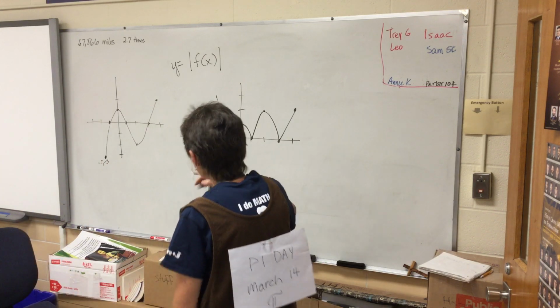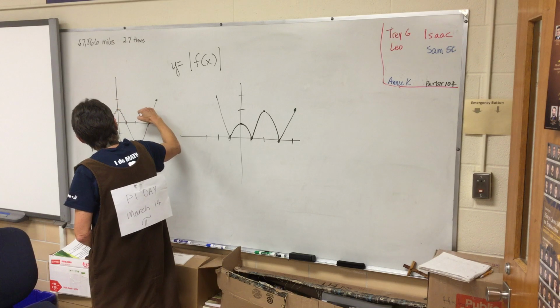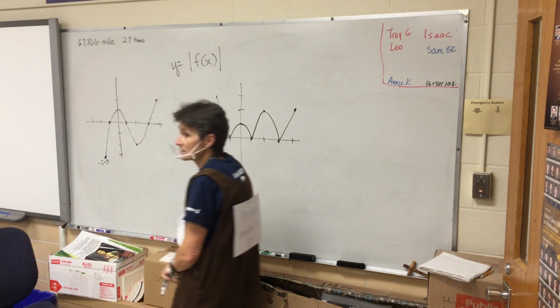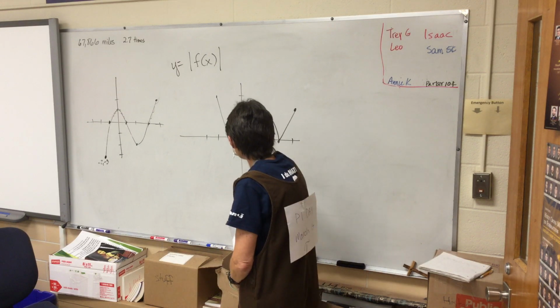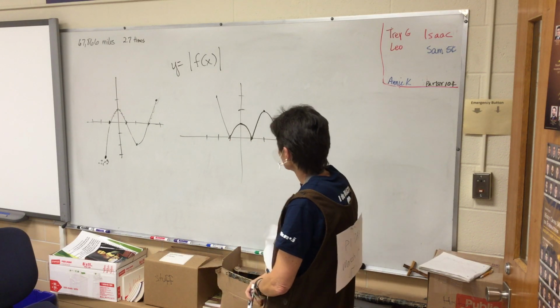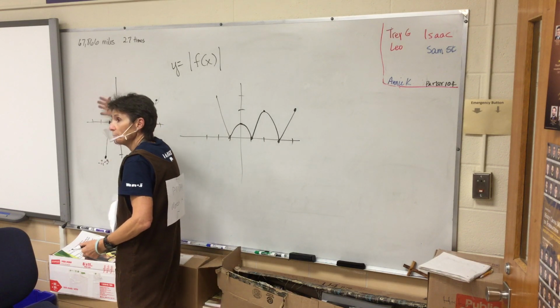So all of the positive parts are right here. These are the positive parts. Anything above the x-axis. So those stayed exactly the same. I didn't do anything to those. But these have to get flipped up.